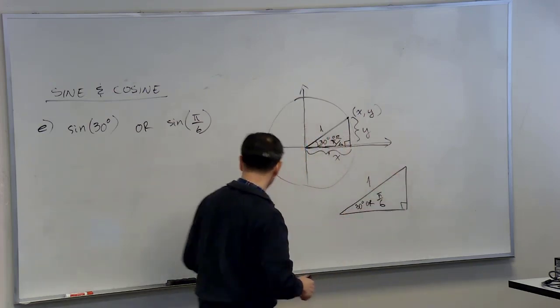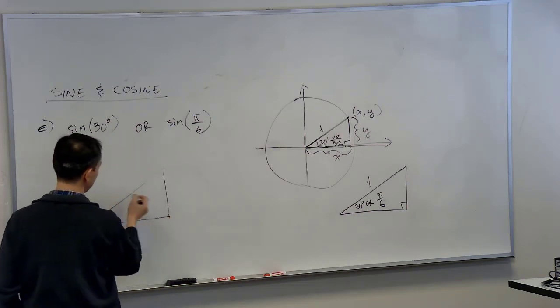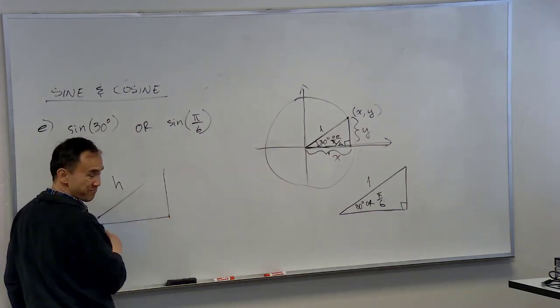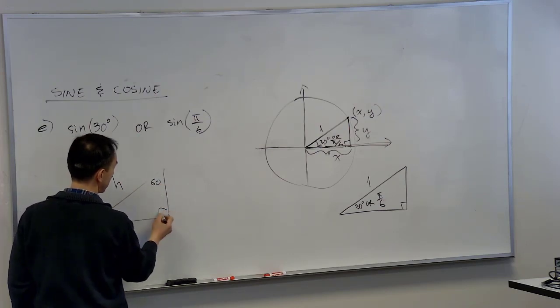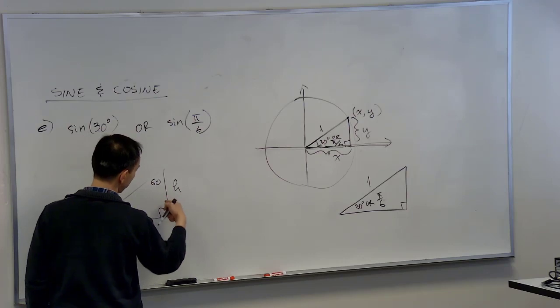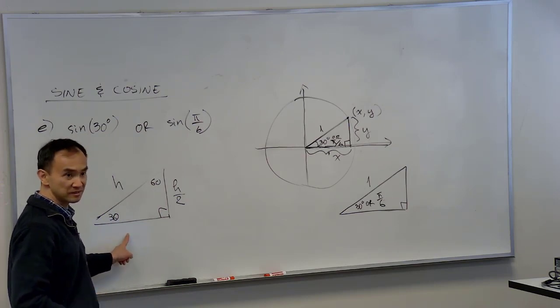It's always like that. So the hypotenuse here is h, and it's a 30, 60, 90 triangle. The shorter leg is always going to be half of the hypotenuse, and then the other leg comes out from the Pythagorean theorem.